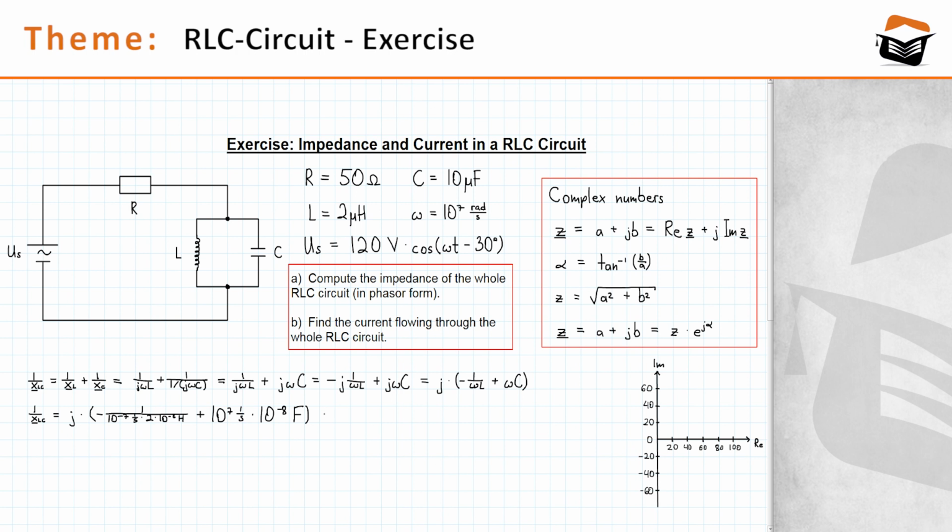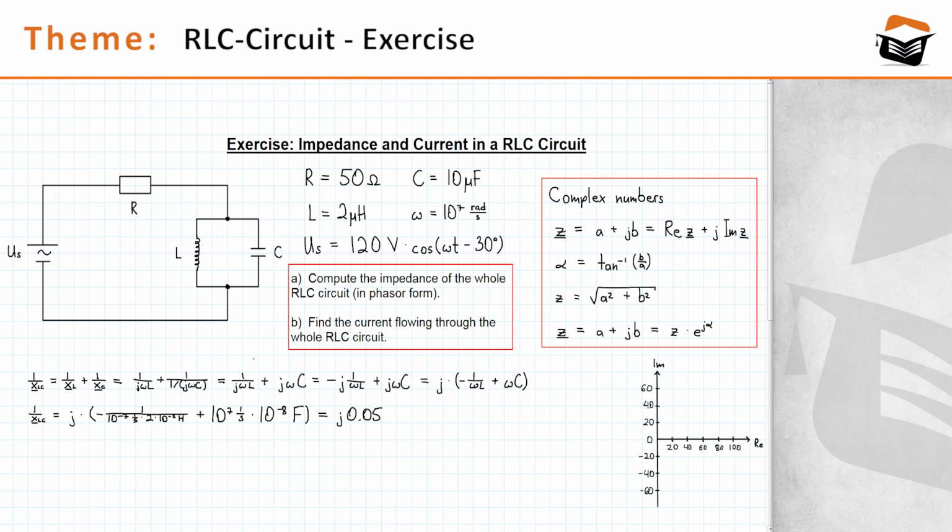And that whole thing is equal to J 0.05. So we have a value that extends into the imaginary axis only. We have no value whatsoever extending into the real axis.